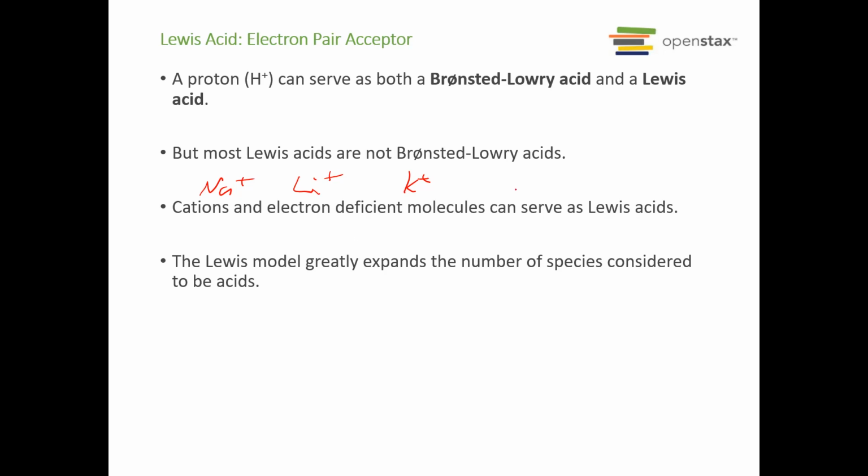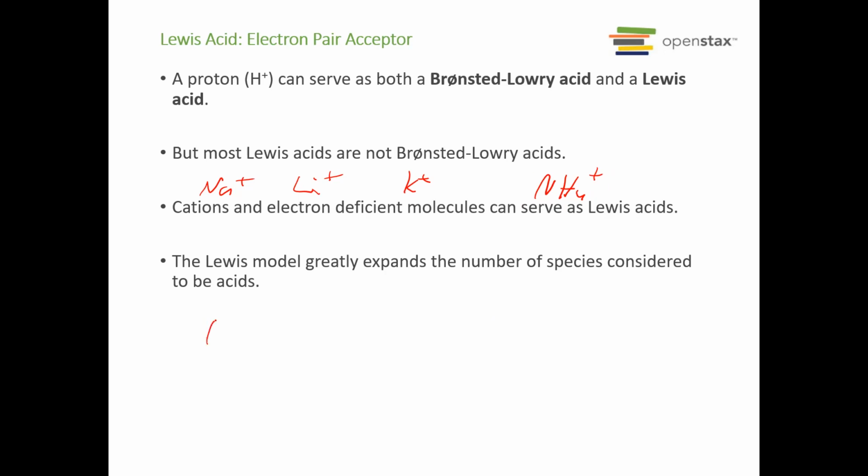Also, things that are electron deficient, like NH4 positive, if it were involved in a reaction where it's not taking another proton, could bond with something else that donates its electrons and act as a Lewis acid.